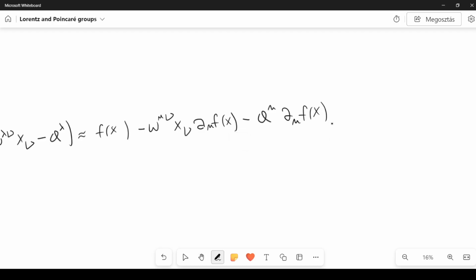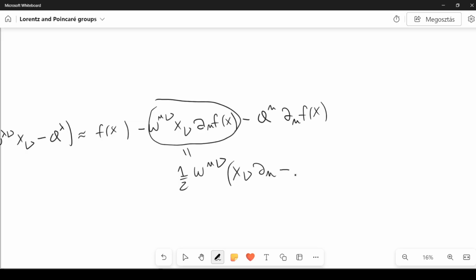And this can also be written in the following fashion. So at first, let me do some algebra here. Let me rewrite this term in the following manner. This can also be written as 1/2 omega mu nu, and then I have x nu d mu minus x mu d nu.